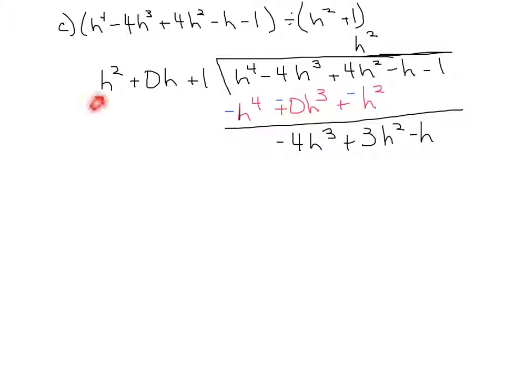H squared goes into negative 4h cubed, negative 4h times. So we multiply and we get negative 4h cubed plus 0h squared minus 4h. Change the signs. Add.